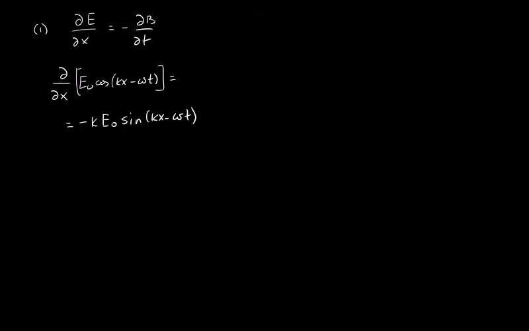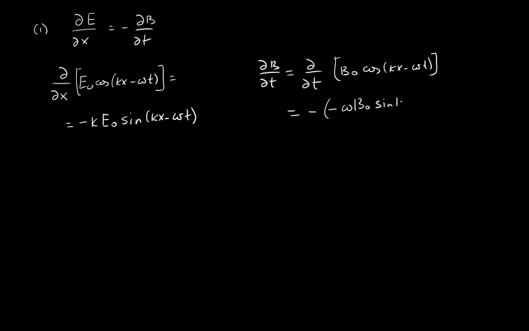Let's do the same thing for the right part of the equation: dB/dt equals d/dt of B naught cosine(kx minus omega t), which gives negative omega B naught sine(kx minus omega t).